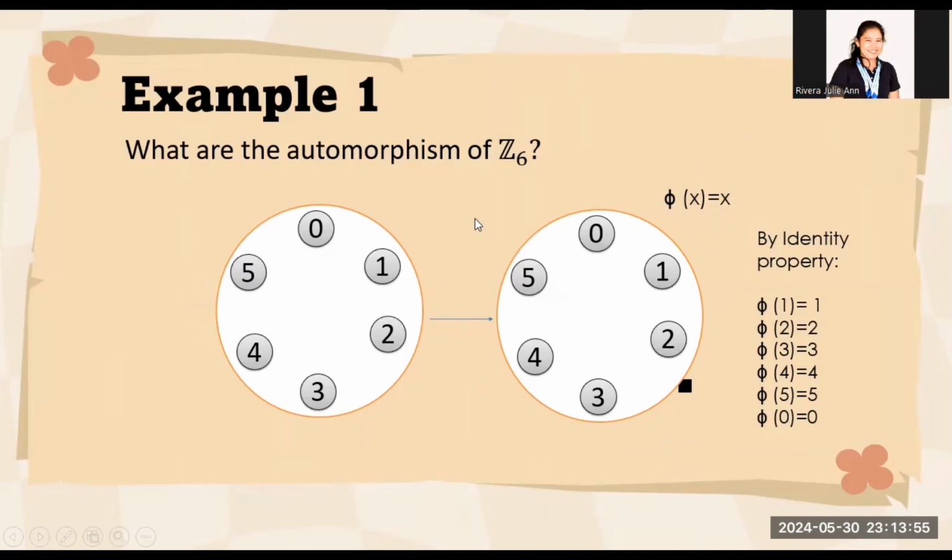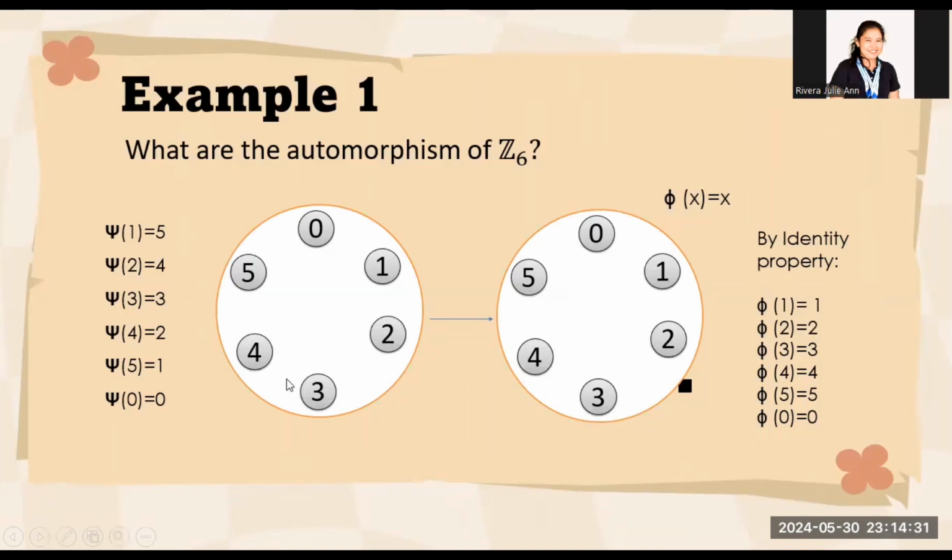But we can also prove an automorphism of the integers mod 6 in another way, using the generators, which are 1 and 5. When we map 1 to 5, on one side we add 1, so it becomes 2, and on the other side we subtract 1, so we have 4. Then 3 maps to 3.